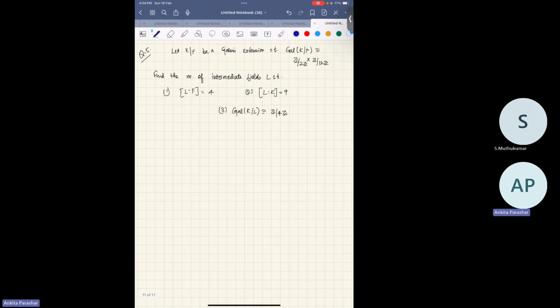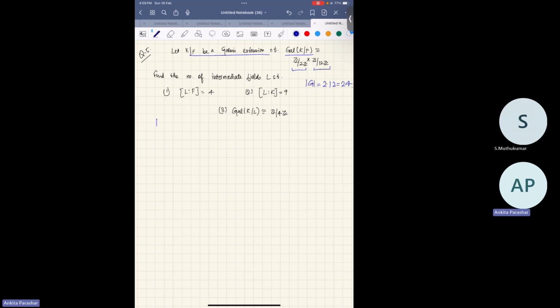So we are given a Galois extension whose Galois group is isomorphic to Z2 cross Z12. What is the order of the group first of all? 24. It's 2 times 12, so 24. So one thing we know, our group has order 24.